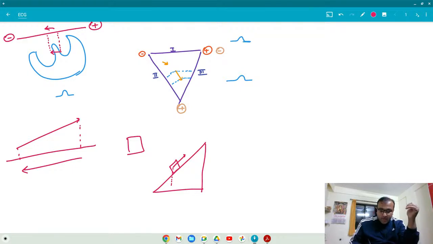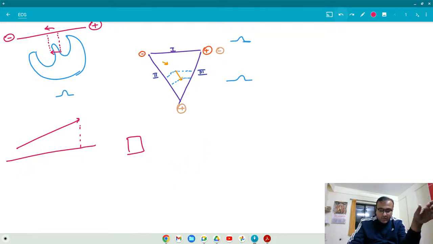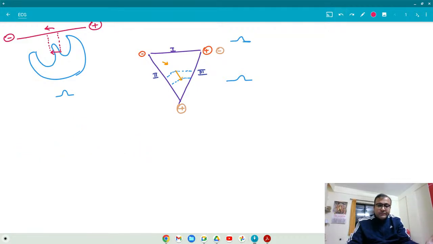How do you know? You have to drop a perpendicular on the plane. That is the basic idea. Yes or no? So this is the only concept that we are working with right now. There is no formula, no calculation, nothing. We are just following a simple concept.